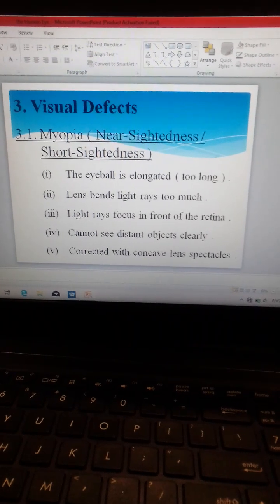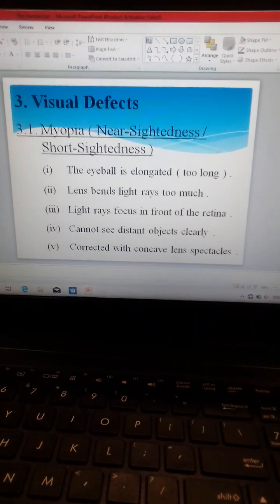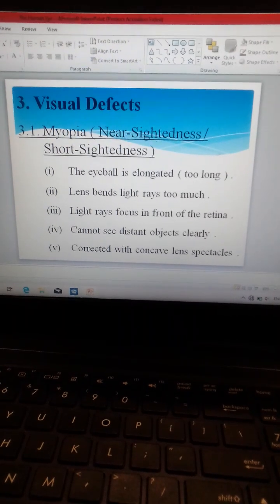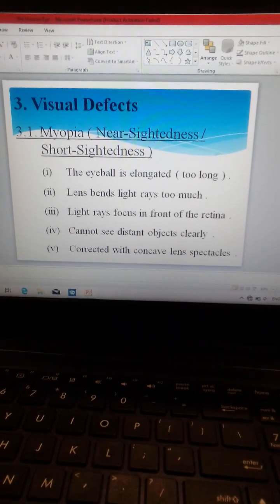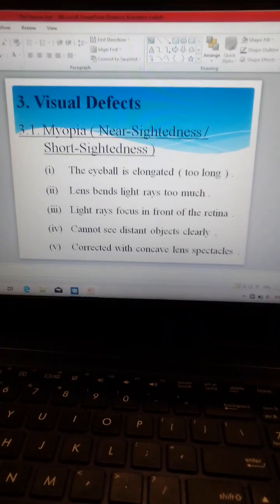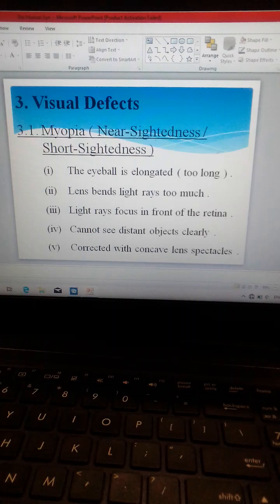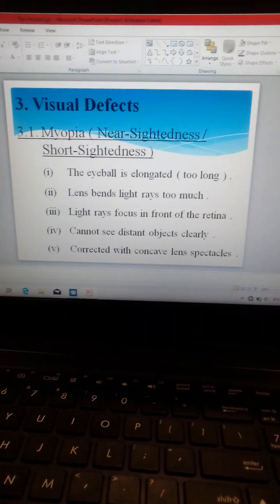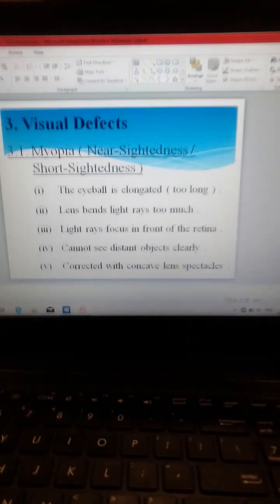The light rays focus behind the retina. In hypermetropia, you cannot see near objects clearly, and it is corrected with convex lens spectacles. I hope that is clear.